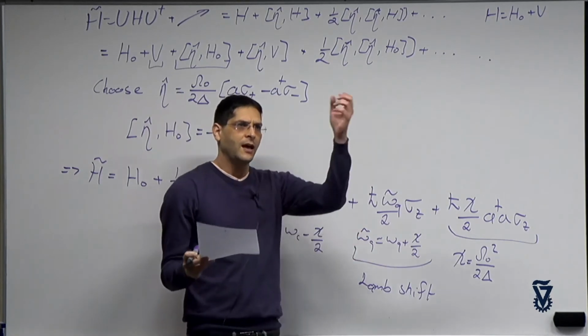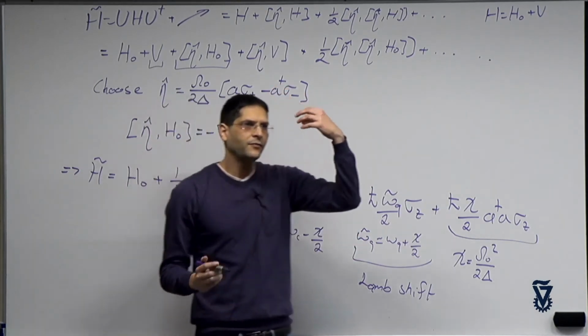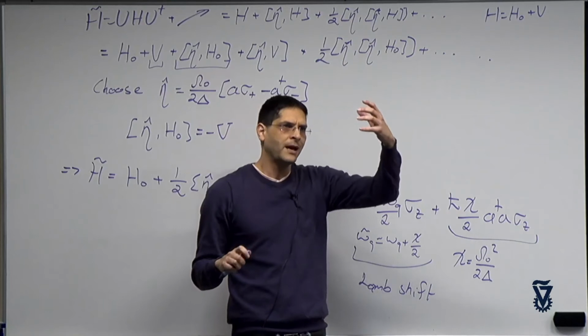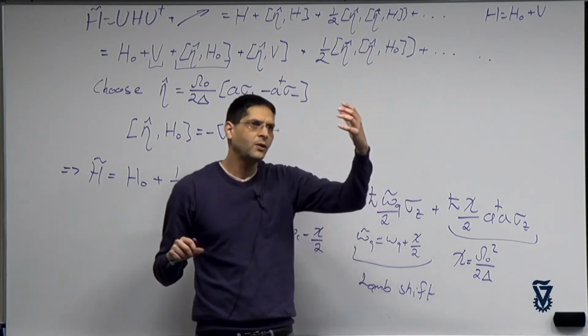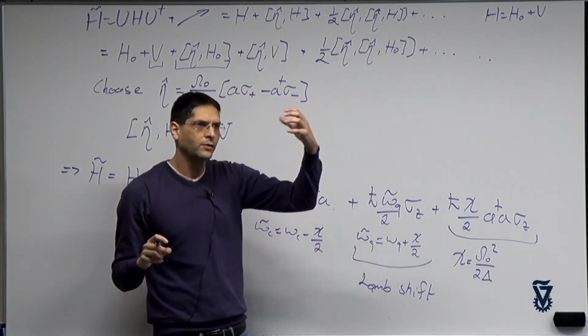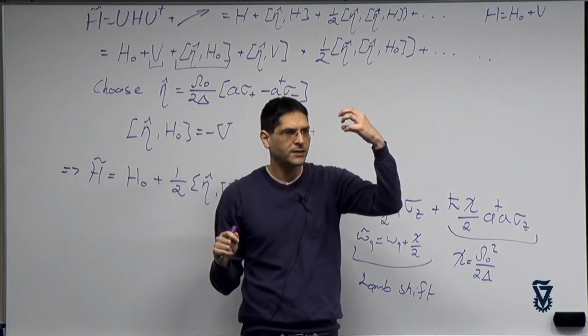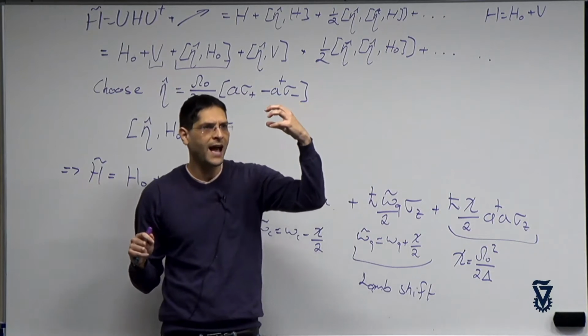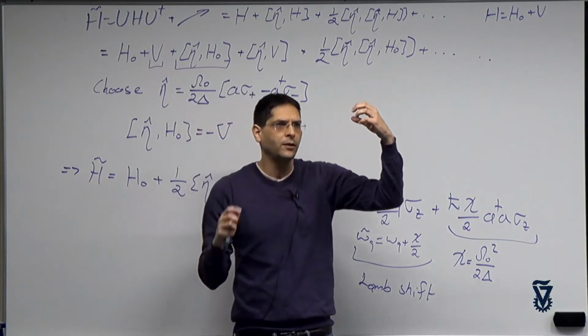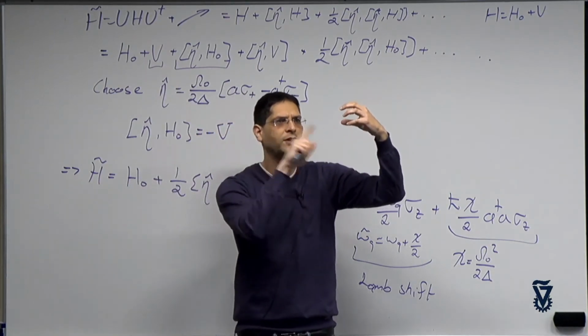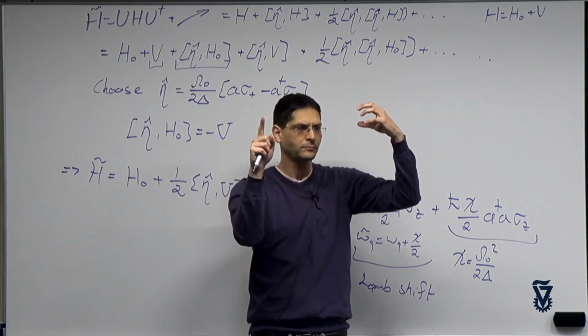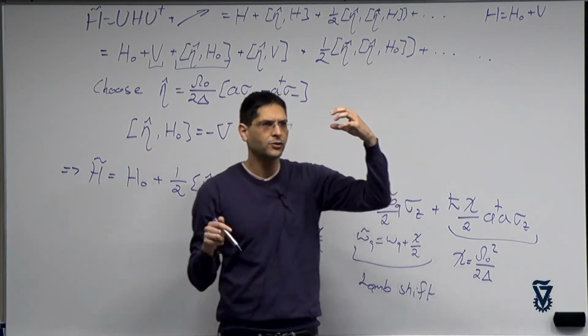When you have an atom in free space, and if you do a light matter interaction course or some QED course, you will do this in a rigorous manner, but the transition energy of the atom gets shifted a little bit due to the interaction of the vacuum fluctuations with the electromagnetic mode.